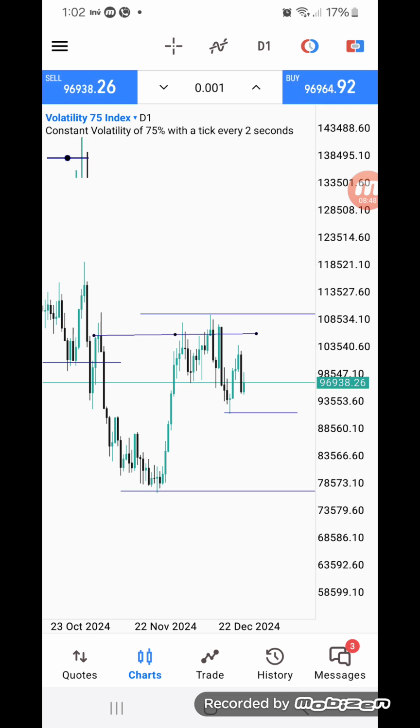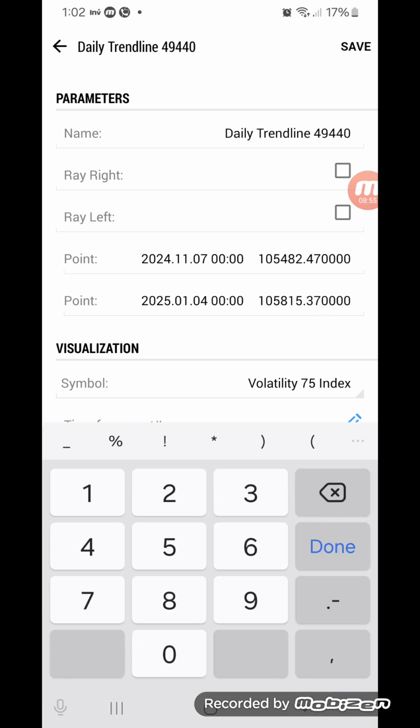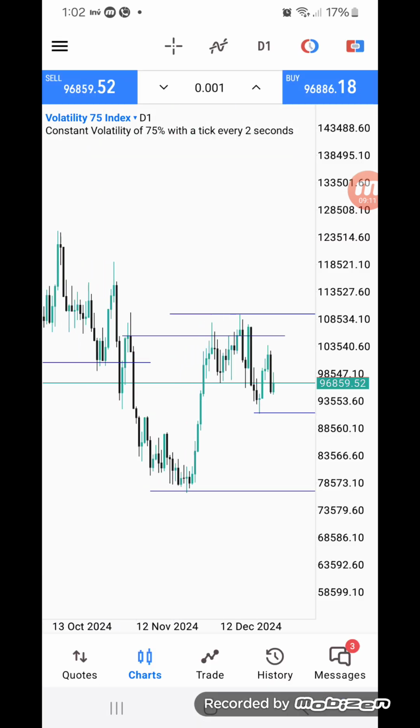This is a rejection block, and it is marked using a trend line, or rather as a resistance zone. That's a rejection block, and you can see this is a point where the market reacted for some time.